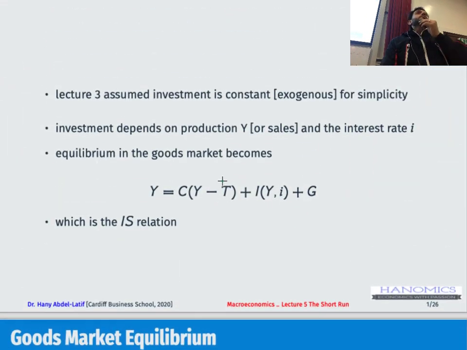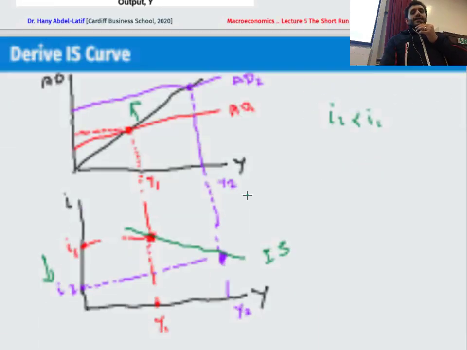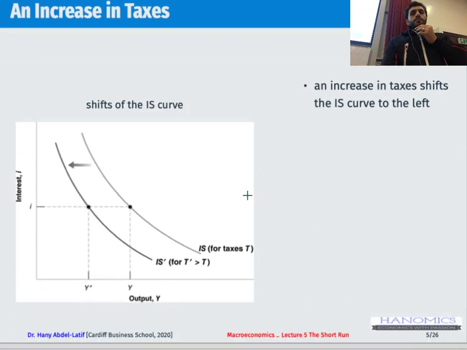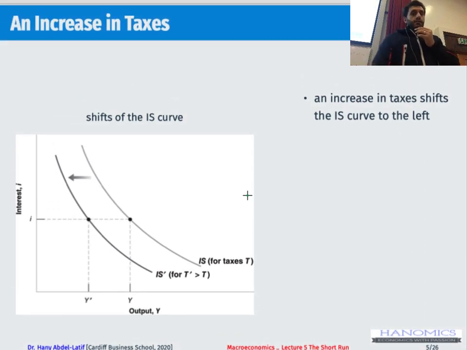So here taxes affect the aggregate demand. So if a change in fiscal policy results in increasing taxes, that means the IS curve will shift to the left. Why? Because higher taxes will shift the aggregate demand downward. So anything that shifts the aggregate demand downward will shift the IS to the left. Okay? Is that clear? Any questions?